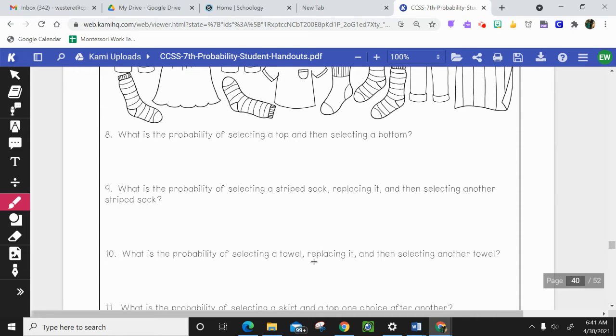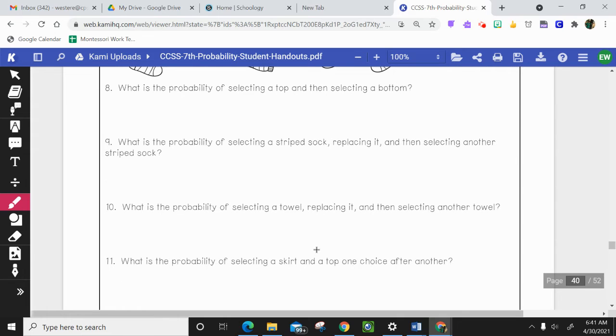Okay, so the first thing I was supposed to determine is whether these were independent or dependent events. Okay, we're just going to go through. Video's going to pause. You're going to determine which one of these are dependent and independent. Okay, so you should have chosen 9 and 10 as dependent.